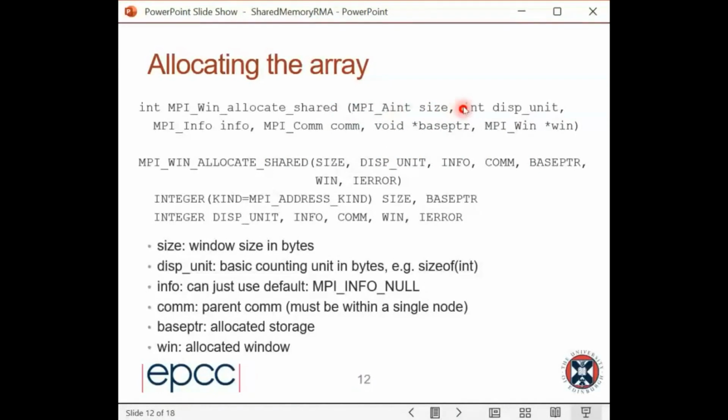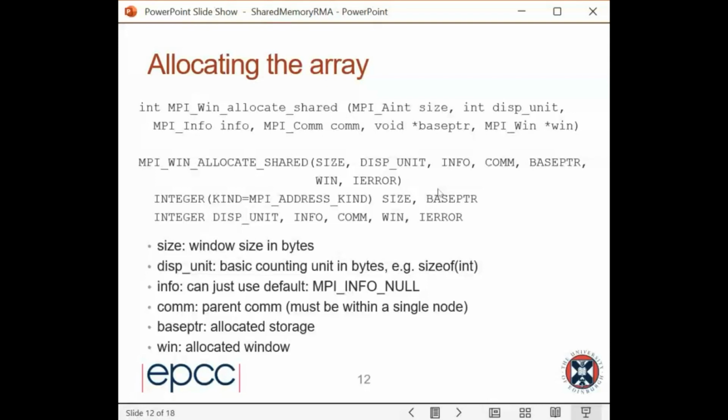You pass the size, which is the number of bytes you want, just like a malloc. You pass a hints object called info, which I've never used. I just use MPI_INFO_NULL. You also pass a displacement unit. We're not going to use that here. If you were to use MPI put and get, then the displacement unit is significant. It's the counting unit.